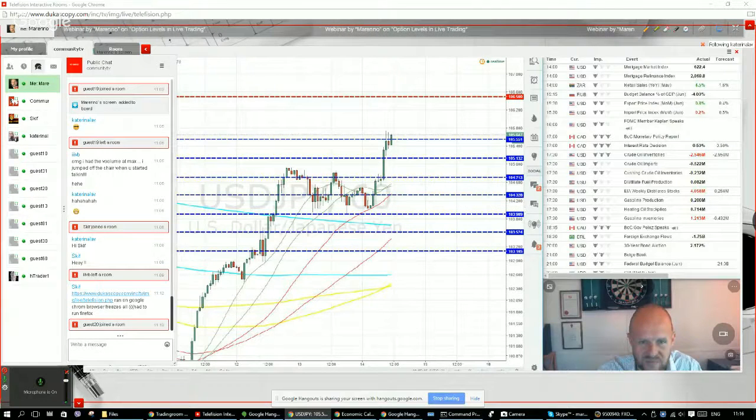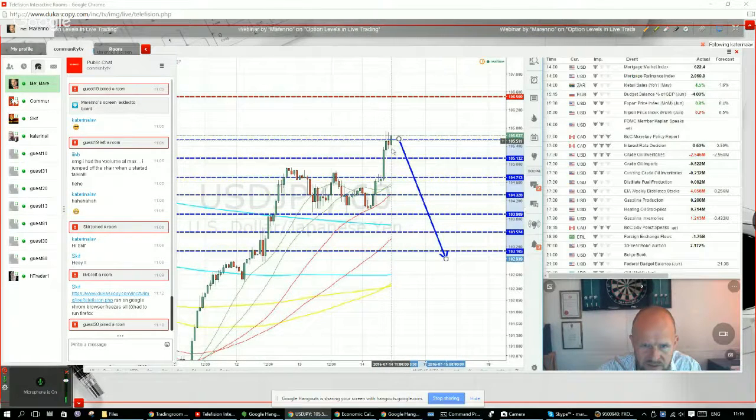Okay, so what do we have here? We do have a historical level at 106.500. So let me place two arrows. The first one from this level. I wait till the price action closes, like the 4-hour chart closes below this level here.